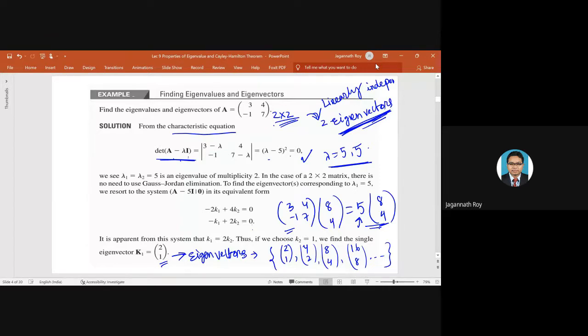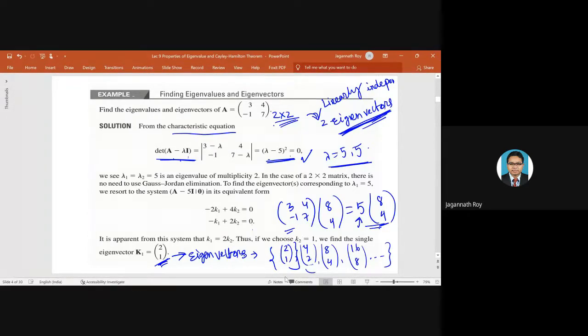But they are linearly dependent, because if you multiply the first vector by 2, you get the second vector. So they are not linearly independent. Here only one vector is linearly independent. That is why, corresponding to lambda equals 5, we have only one linearly independent eigenvector.